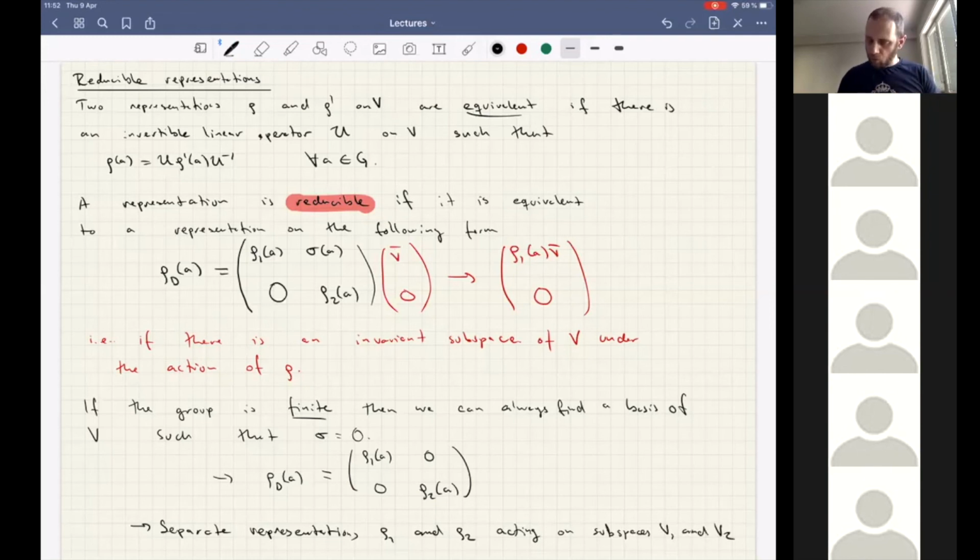So our original space V here would be the direct sum of V1 and V2.